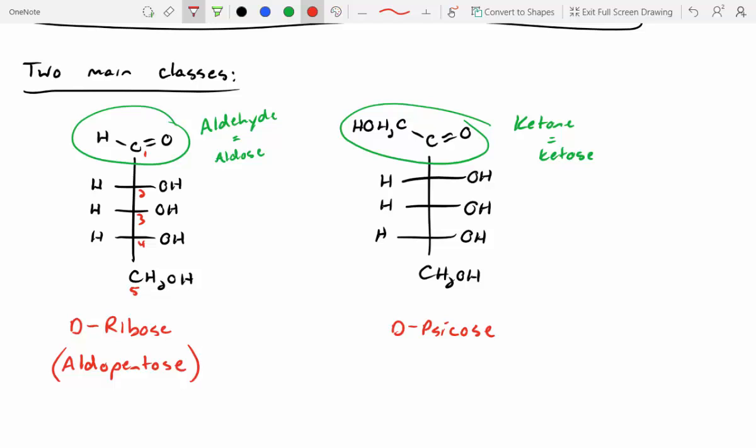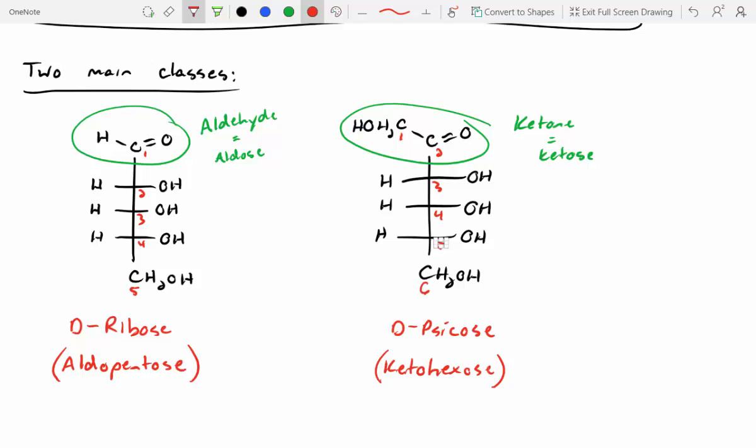If we look at the one on the right, it also has a 5 carbon backbone. However, it's a ketose, so this would be a, oops, actually I forgot a carbon. For this one, the carbon starts up here, 2, 3, 4, 5, and 6, so this would be a ketohexose.